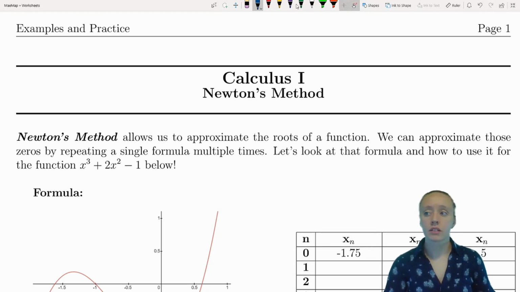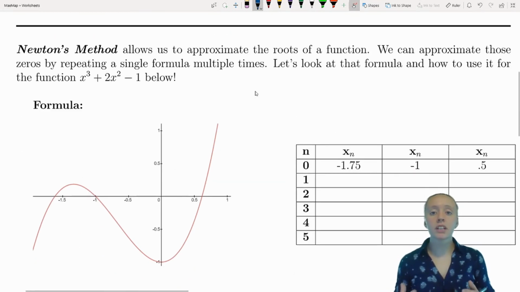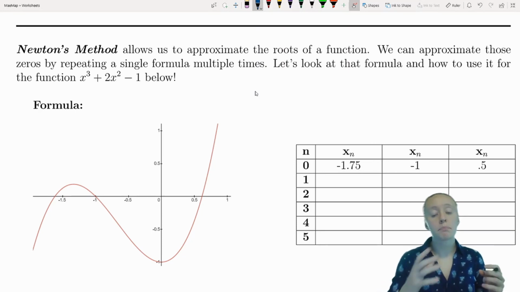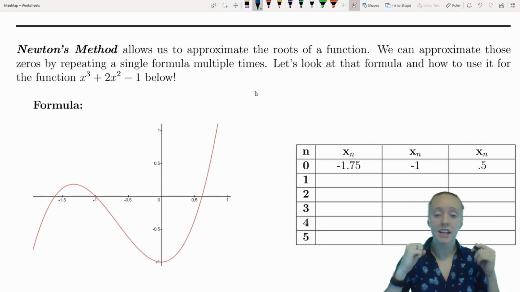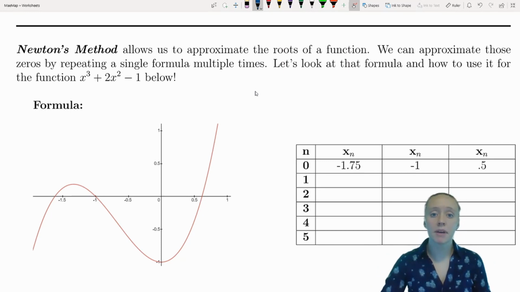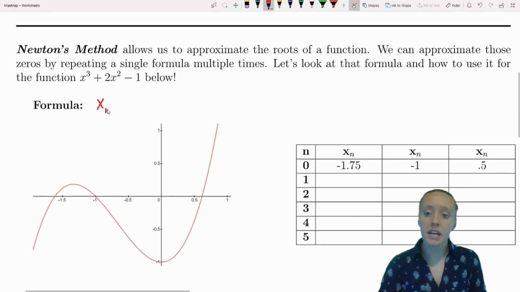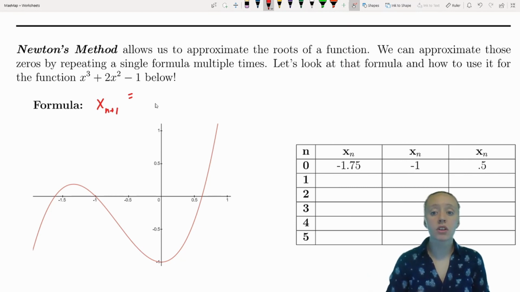Now I said that formula is used repeatedly, so we're going to use it multiple times. But what we plug into the formula is going to be slightly different each time. And that's because our output of our formula is our x sub n plus 1, and what we use in our formula is all that previous term, x sub n.